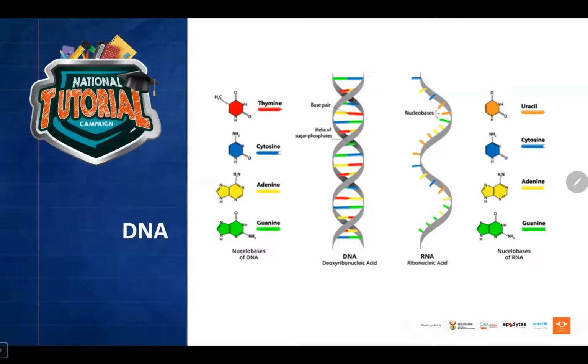So starting off with DNA versus RNA. Life on Earth is very diverse, and DNA and RNA are the fundamental building blocks. Think of it as the Lego of life.